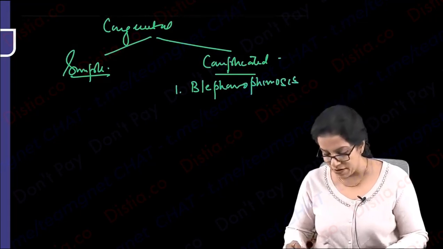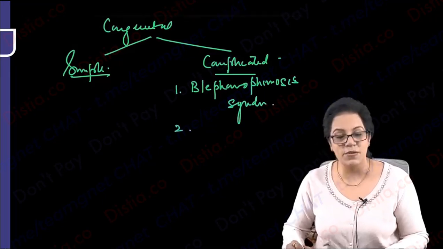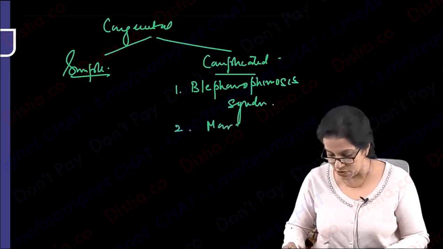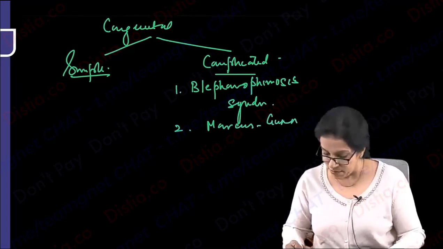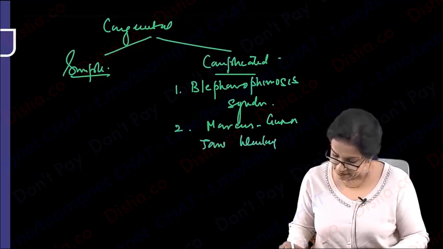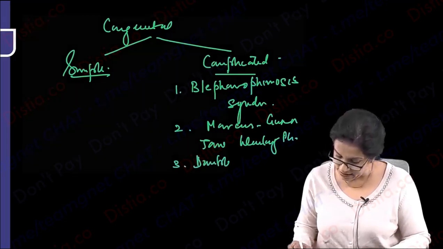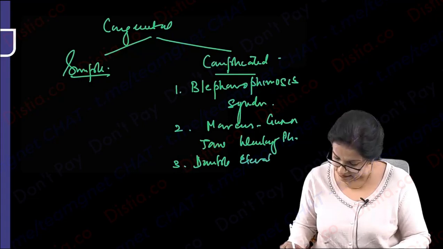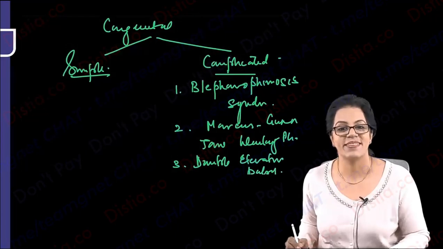Another one that you have to know is Marcus-Gunn jaw-winking phenomenon. We are just discussing the classification here. And what is third? Double elevator palsy. So we'll be discussing each of them one by one.